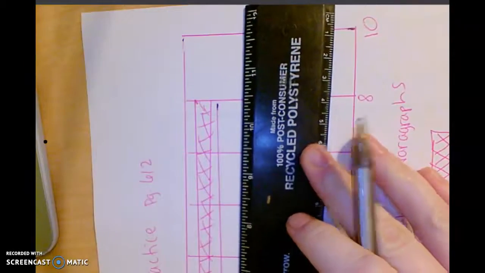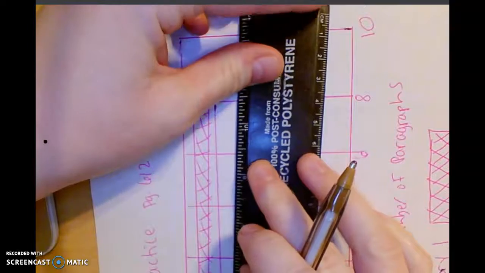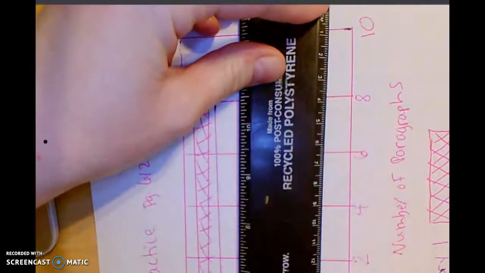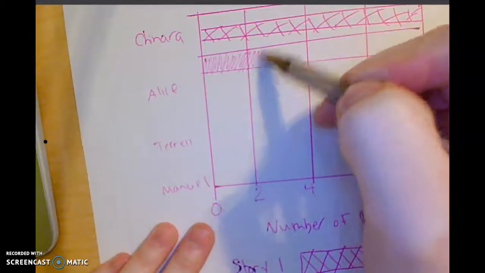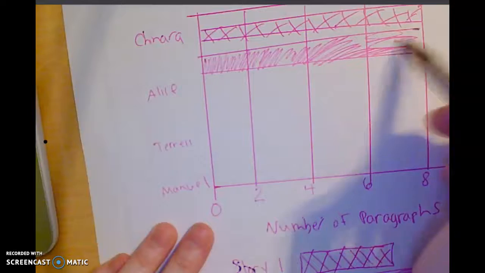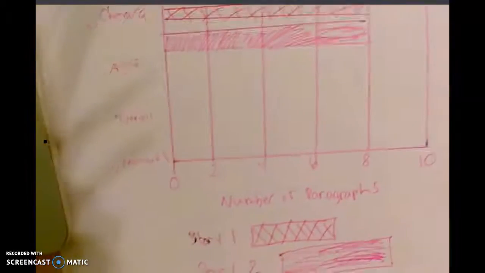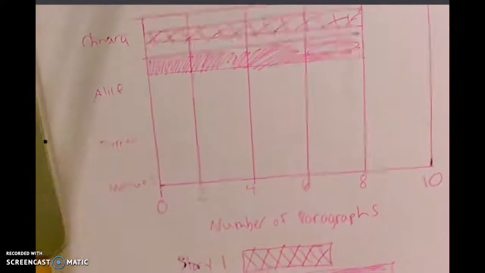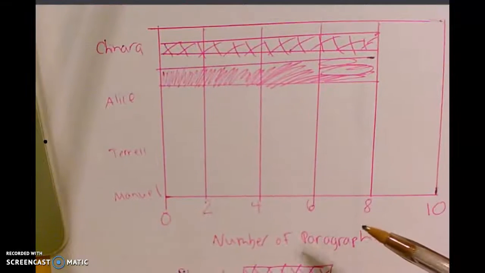And this time, story 2, I'll just shade it in. Good. Alright, so this is showing us that she had 2 stories. Looking at our legend, this is story 1, 8, story 2, 8.